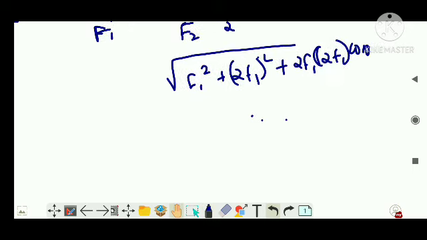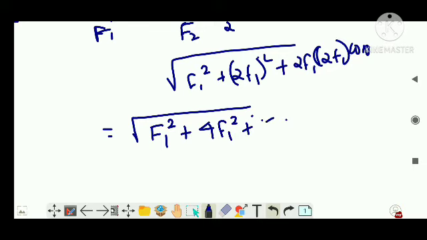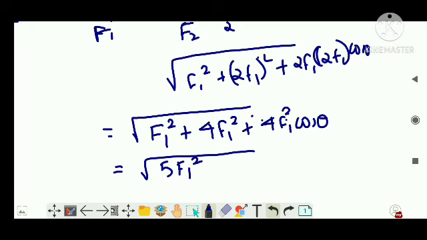Clear? So it is equal to root of F1 square plus 4F1 square plus 4F1 square cos theta, right? So it's equal to root of 5F1 square plus 4F1 square cos theta. Now keep it there like this itself.